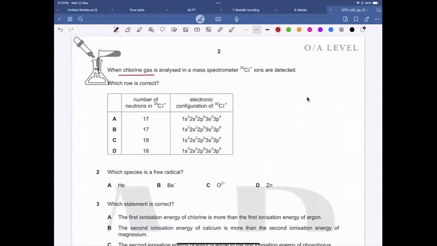When chlorine gas is analyzed in a mass spectrometer, chlorine-35 ions are detected. Which row is correct? If it's chlorine-35 with a +1 charge, it has one electron fewer. Normally chlorine's atomic number is 17.